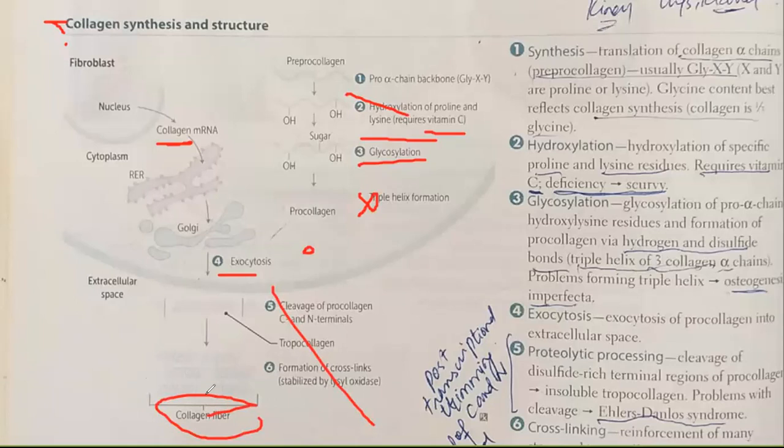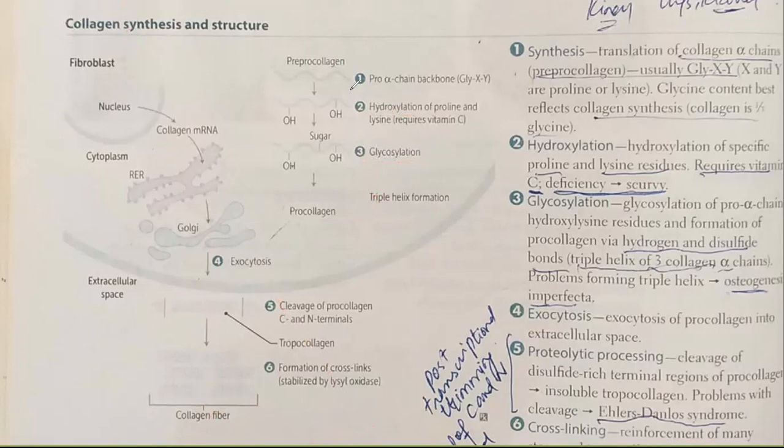All of these are because the collagen is not made properly, the synthesis is not done properly, or there is a problem in any of these steps. So vitamin C has a very important role in this second step. That is why they do ask it in MCQs. So remember this importance of vitamin C, please.